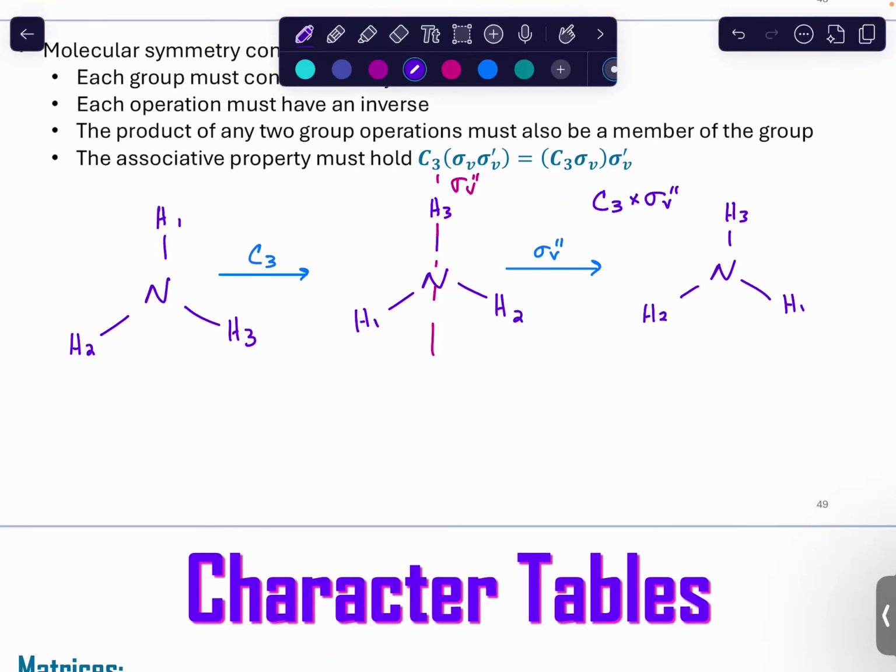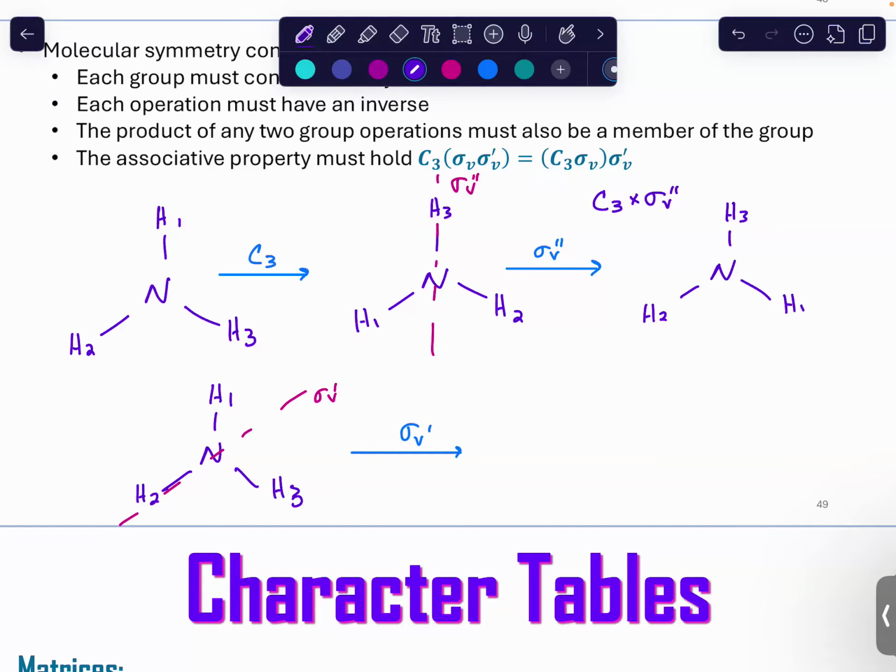Now, let's start with the same configuration. What we're going to do this time is use the sigma V prime. Now what happens?